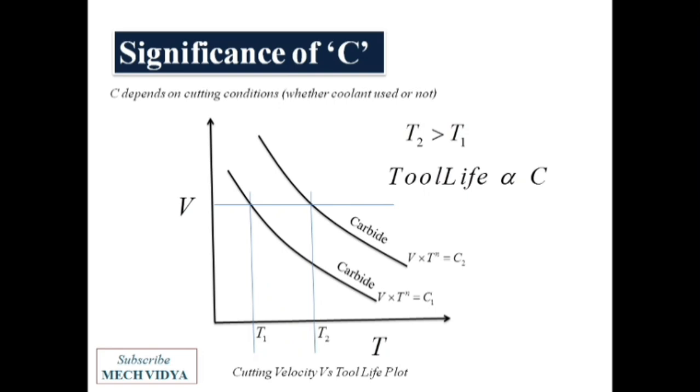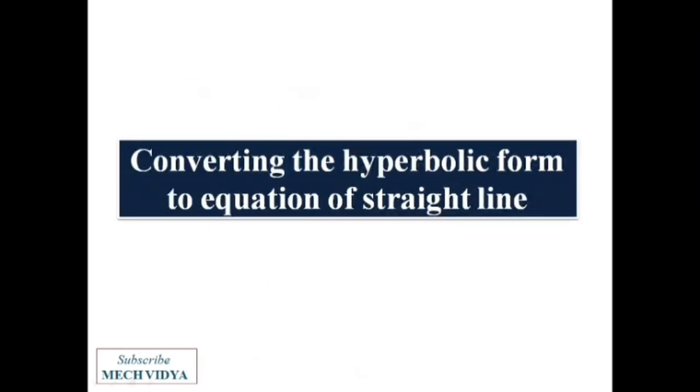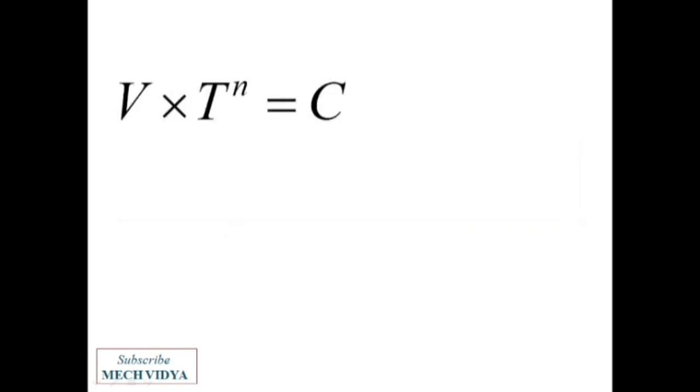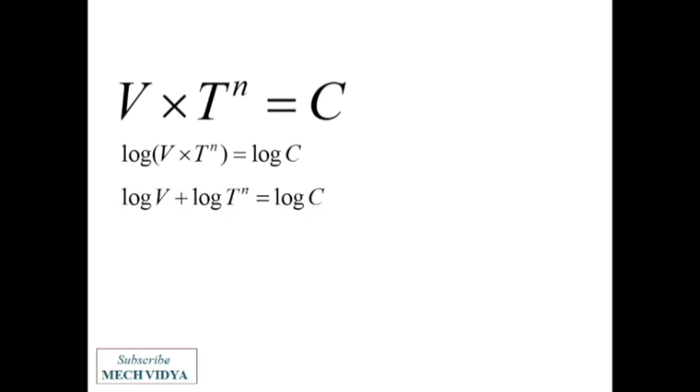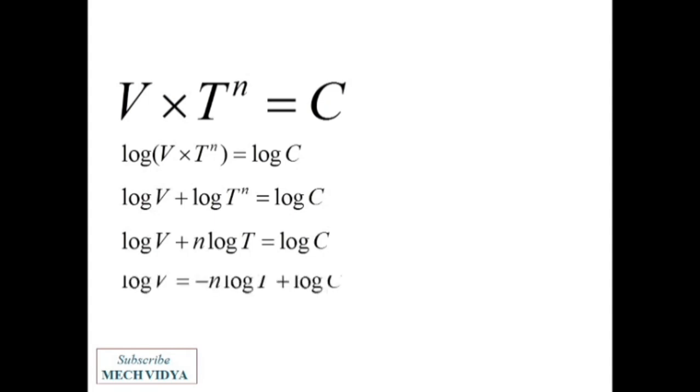Now, this hyperbolic form of the equation is very difficult to analyze mathematically. So, we will try to convert this equation into a linear form. For this, we will take log on both sides of this equation. On the left hand side, it is in the form of log AB, which is nothing but log A plus log B. Now performing one more log function on the second term of the left hand side, it is in the form of log A to the power n, which is equal to n log A. Finally, keeping log V on the left hand side, we get this final equation.